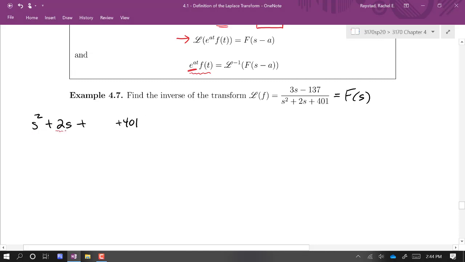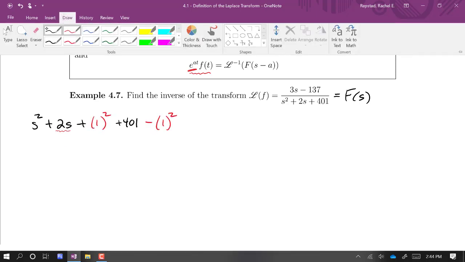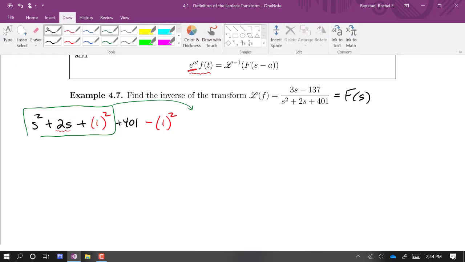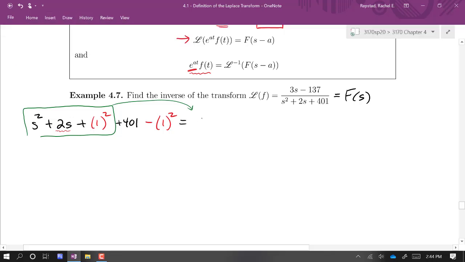Now I'm looking at the coefficient on s, so I'm going to add 1 squared and then subtract 1 squared. This stuff here is a perfect square, so that is s plus 1 squared plus, and this will give us 400. In other words, we have s plus 1 squared plus 20 squared.